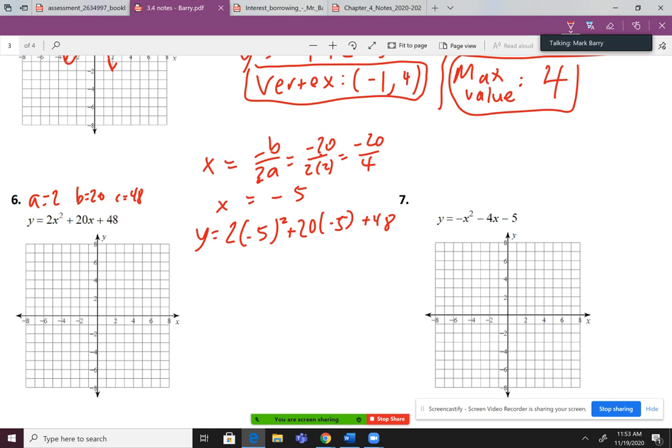Got to do my PEMDAS, so I got to do the exponent first. A negative number squared turns into a positive number. So negative 5 squared is positive 25.